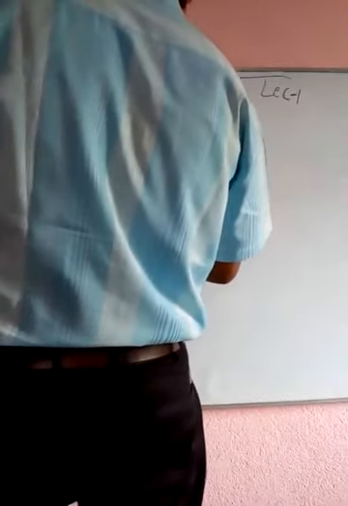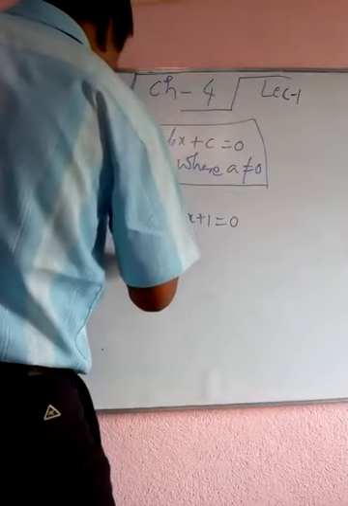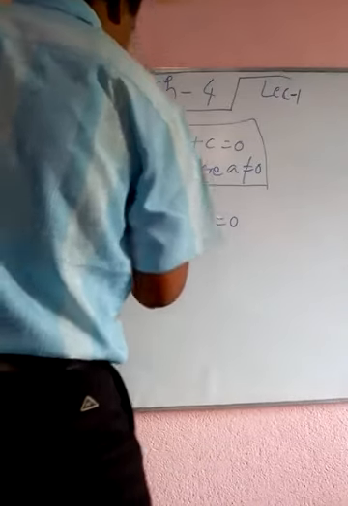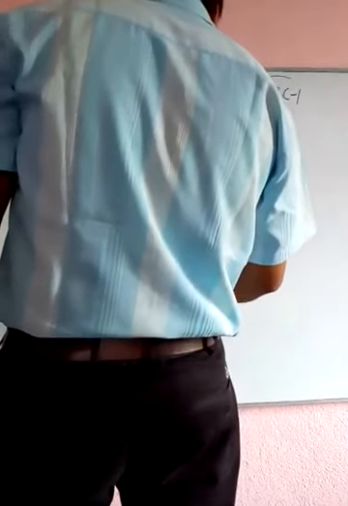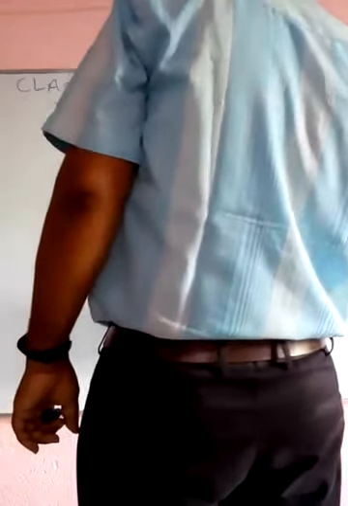Suppose one example given here in the book, 2x square minus 3x plus 1 is equal to 0. Now you can compare: a is equal to 2, b is equal to minus 3, c is equal to 1, and the right side is already 0.